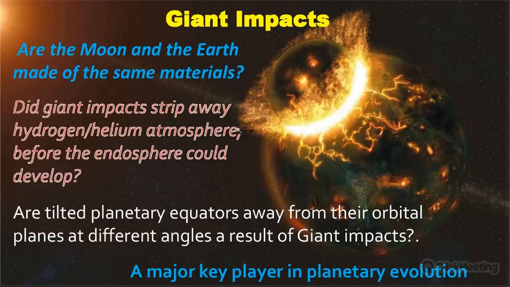Did giant impact strip away the hydrogen-helium atmosphere before the endosphere could develop? Are the tilted planetary equators, away from their orbital planes at different angles, a result of giant impacts? These are still open questions, and we have to understand them through comparative planetology.